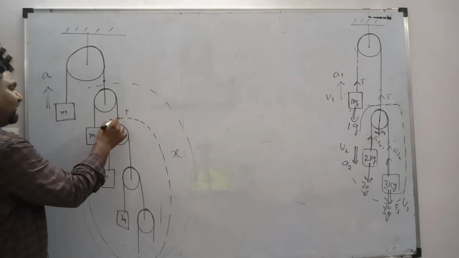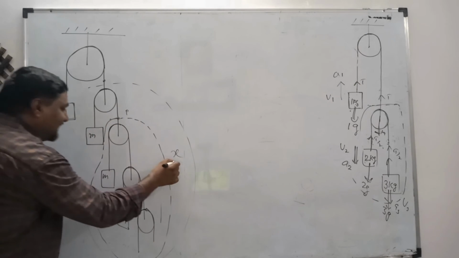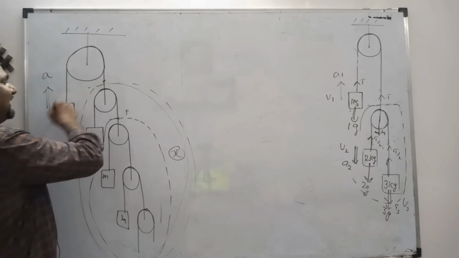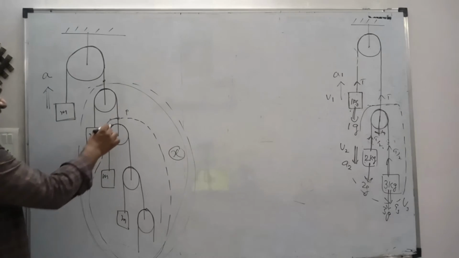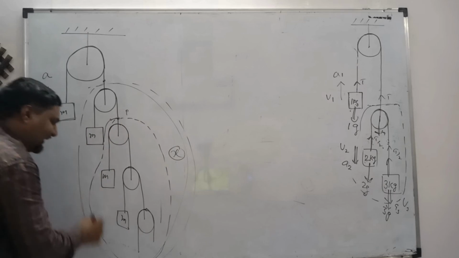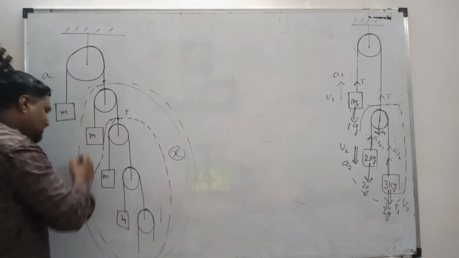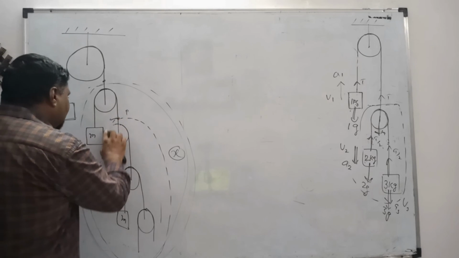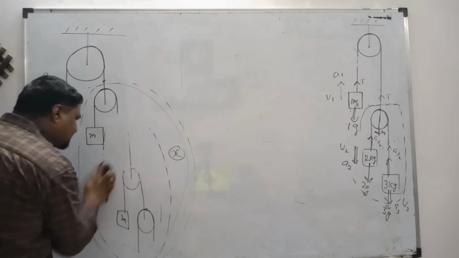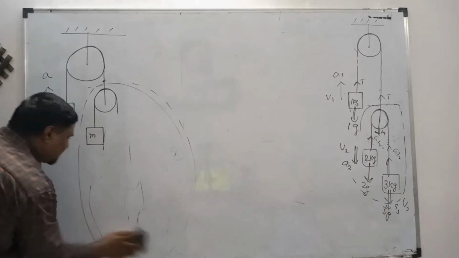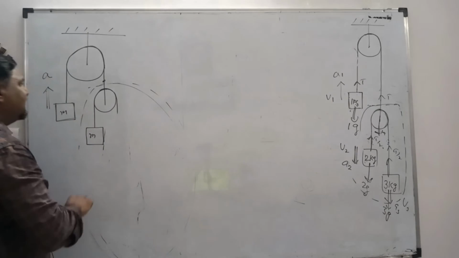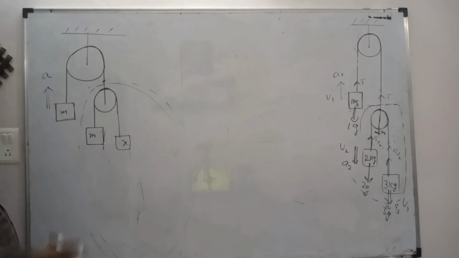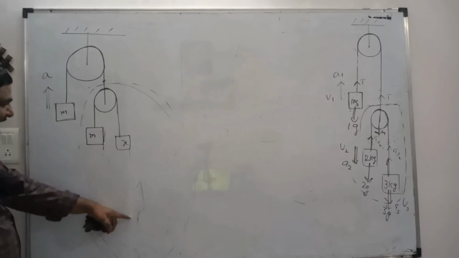That means if the mass of this whole arrangement is x, then the mass below this point also must be x. So I am replacing all this infinite pulley block system with a single block of mass x.